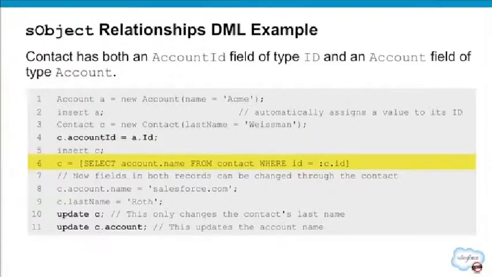On line 6, we're just going to reconstitute the contact record, but by default, in this case, we populated the account ID field. Remember that the account ID field in our relationship fields is equivalent to the __c field, and the account field is equivalent to the __r field. After line 5 is completed, C.account has not been populated. Only account ID has been populated.